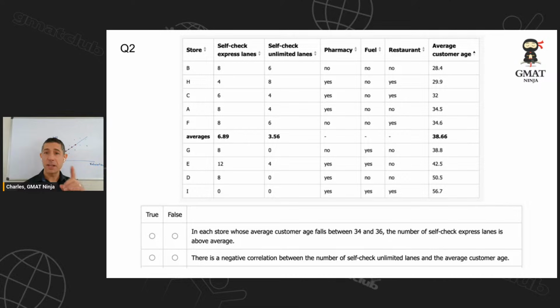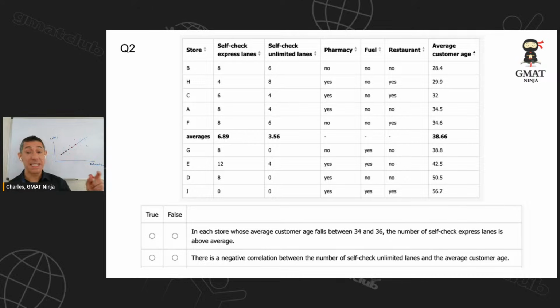Is it a perfect one-to-one relationship between age and self-check unlimited lanes? No, it's not a perfect relationship. But in general, is it the case that as you have older customers, there are fewer self-check unlimited lanes? Yeah, you bet. When the average customer age is above average, the number of self-check unlimited lanes, typically 3 stores out of 4, is going to be below average, and vice versa. Stores with younger customers, more of these self-check unlimited lanes.